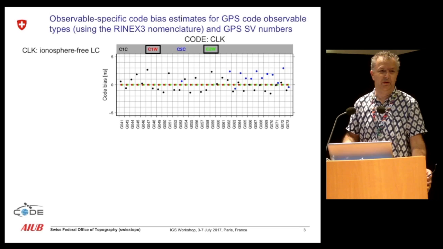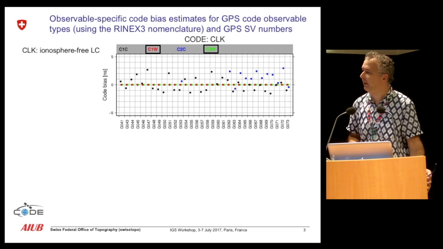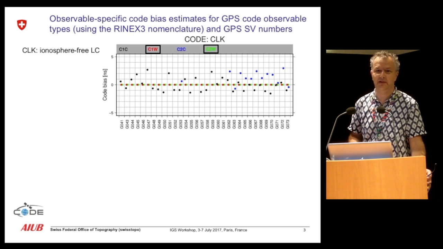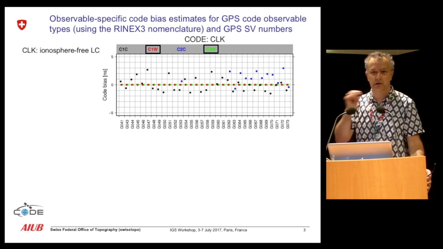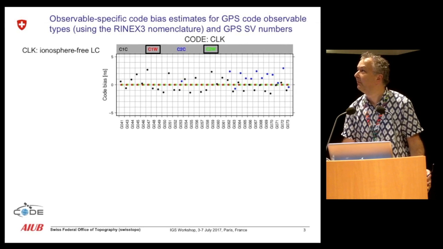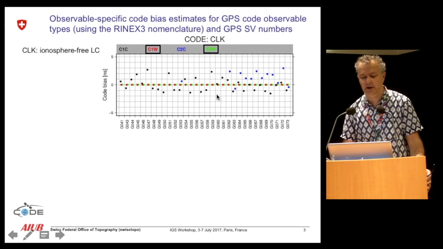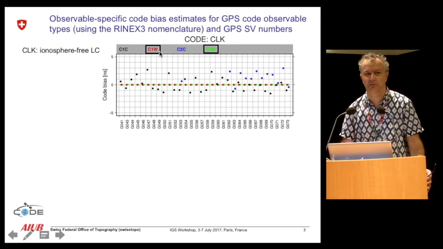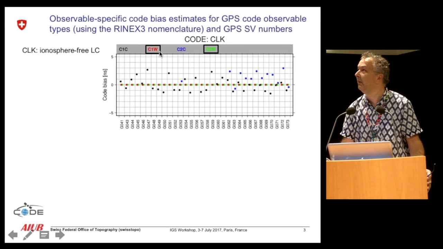This is an example of these observable-specific code biases as obtained for the GPS constellation from the clock analysis. And what you see here indicated with these boxes are the reference observables. And here you see the clock convention.